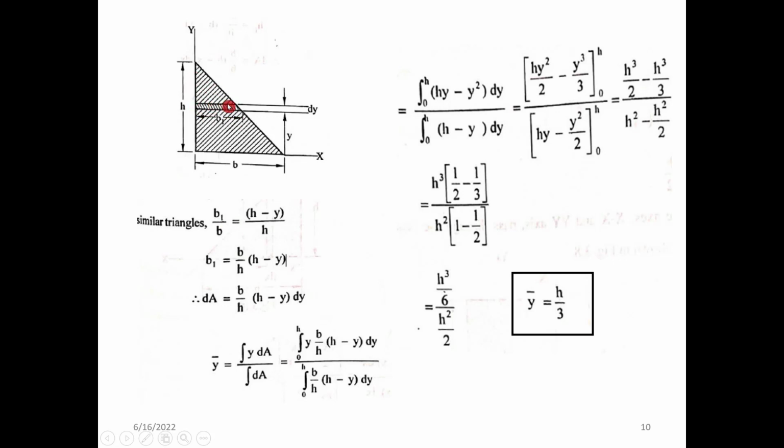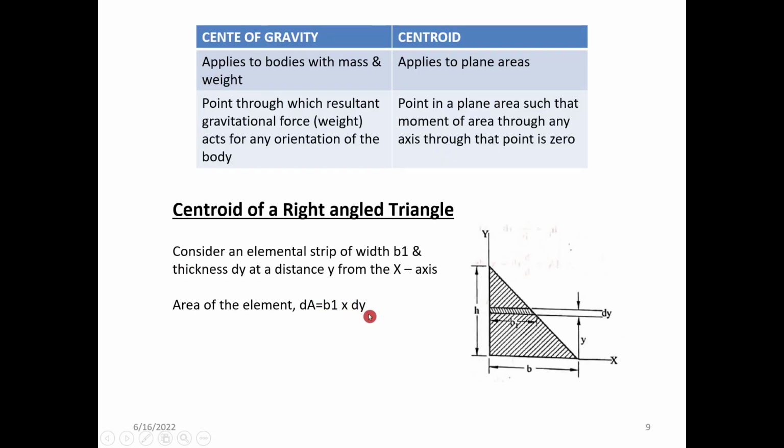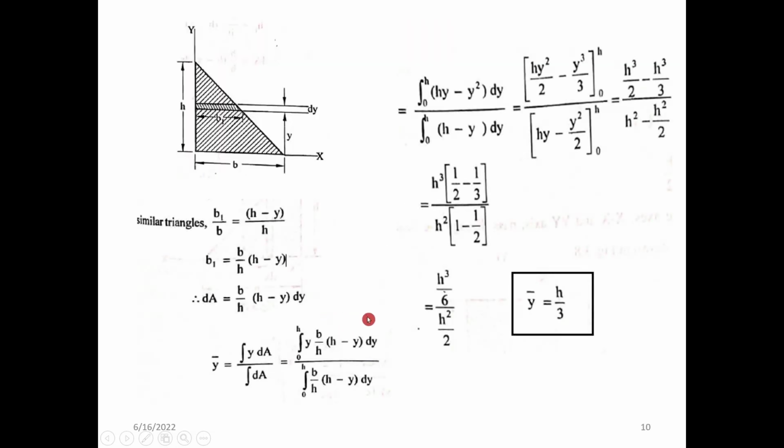This width by total width is equal to this height, which is h minus y, divided by total height h. We can find b1 as b by h into h minus y. So dA was b1 into dy, and the same b1 we have into dy.